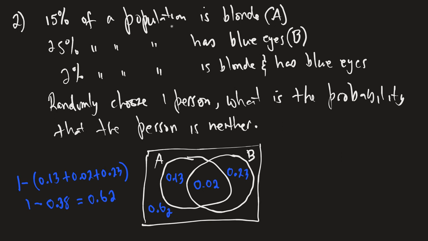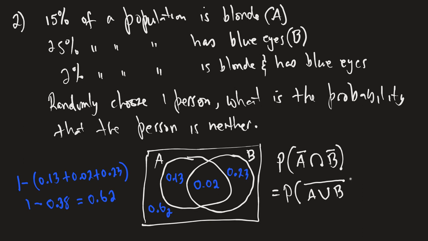So let's write that down in our set notation. So the probability that the person is neither, there are two ways you can write that down. You could say the person is not blonde and not blue-eyed, or you could say it is neither blonde nor blue-eyed, right?